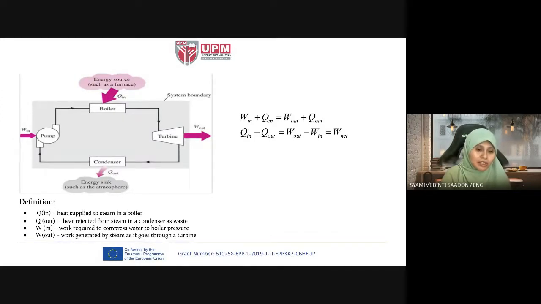So here we start with the pump. We need to give energy, the work required for the pump to run and compress the working fluid, water or air. We start with the pump, increase pressure, increase temperature, and the working fluid here is water.